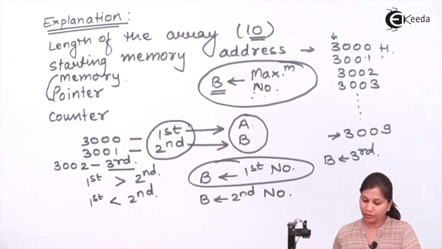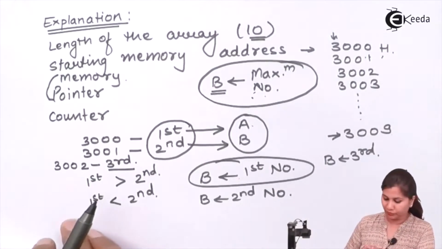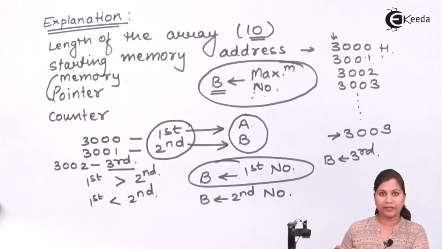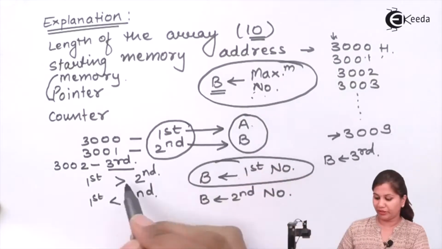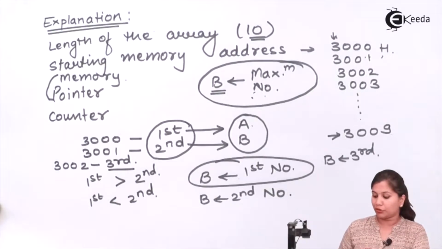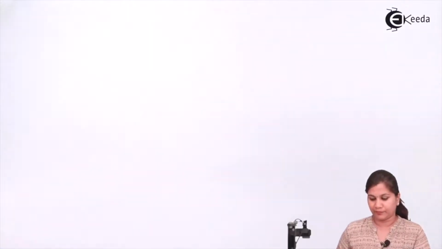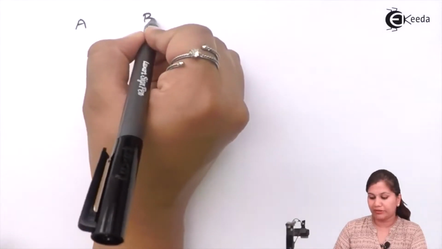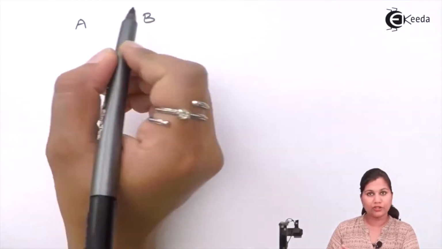Now in the 8051 microcontroller, if we want to compare two numbers, every time we compare to find which is the maximum number. So comparison is done. We have one number in register A and a second number in register B, and we compare these two numbers.